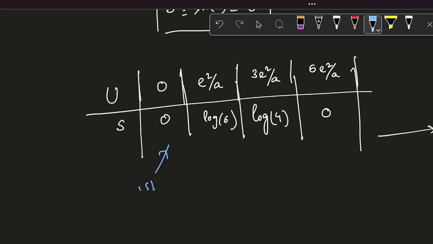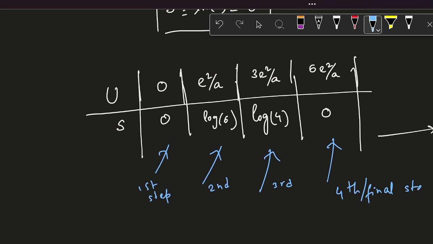So this is the first step, this is the second step, this is third, and this is the fourth or final step. The first step is when you introduce just your first charged particle E to the system. The second step is when you have two particles.